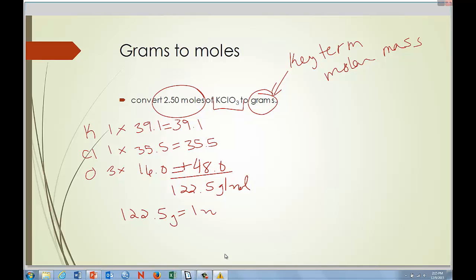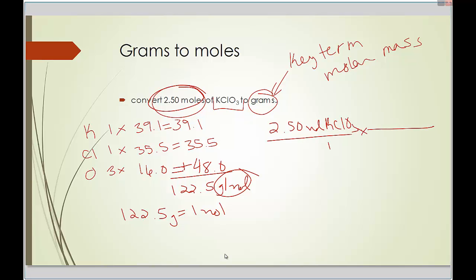Just like miles per hour, that's how many miles you can drive in 1 hour. That's how many grams you can have in 1 mole. So we put our starting number over 1, 2.50 moles of KClO3 over 1. We have moles of KClO3 on the top. We're going to put moles of KClO3 on the bottom.